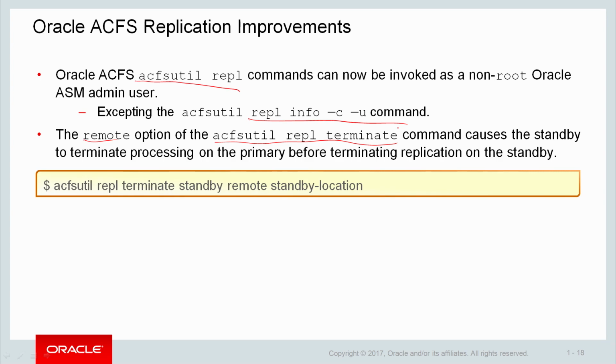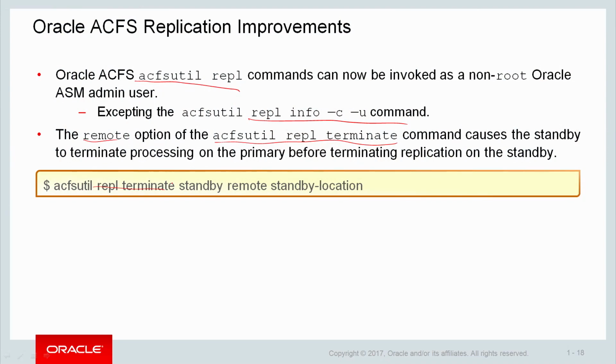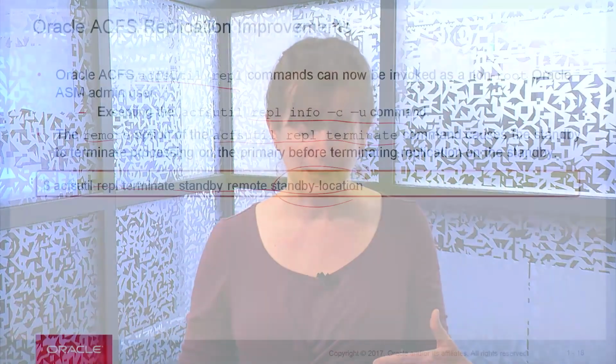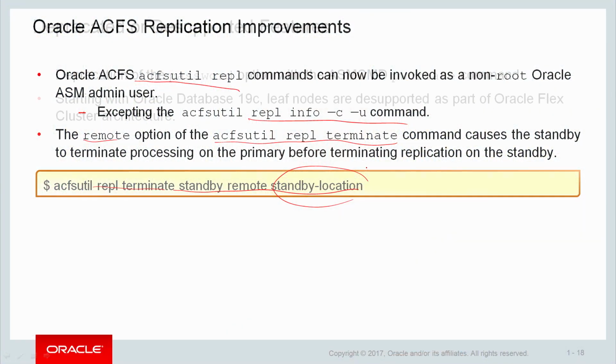Well, traditionally if we use acfsutil repl terminate, we can terminate either the primary or the standby, and we would recommend you terminate replication on the primary first and then let anything that needs to replicate over to the standby do so before we terminate the standby. This new command, with the standby option and the remote standby location, well, you actually put in the standby location, will actually do just that for us. It will terminate the primary replication, followed by the standby replication being terminated.